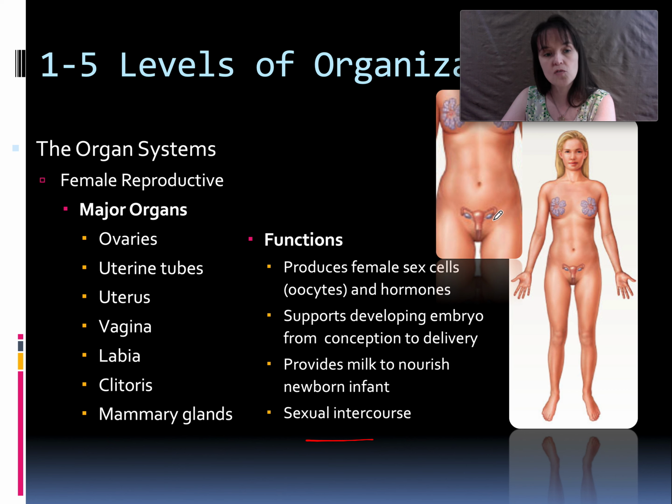Here we have ovaries, the uterine tubes, the uterus, vagina, the labia, clitoris, mammary glands, which are used to feed babies, and it produces the female sex cells, which are oocytes, and the hormones, and it supports the developing embryo from conception to delivery, makes milk, and sexual intercourse is a function.